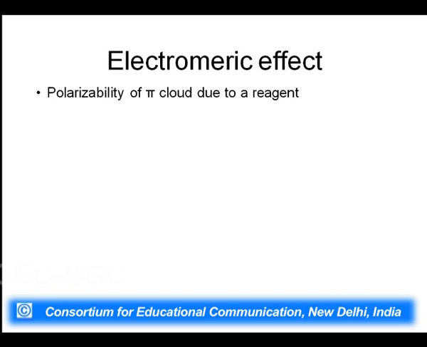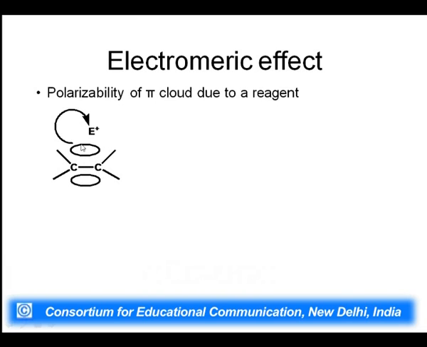On similar lines, there is a polarizability of a pi cloud which happens due to the presence of a reagent. In the case of, say, alkenes, I have placed here, please do not confuse it with a triple bond, because this carbon-carbon sigma bond is one and this is the pi cloud of the second bond, which is the pi bond of the alkene, present above and below the plane of the alkene.